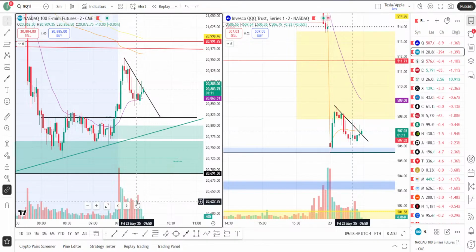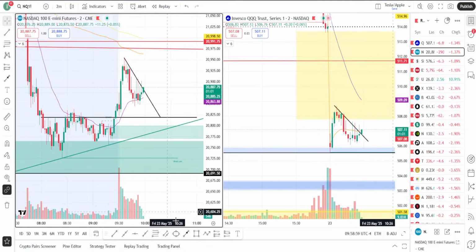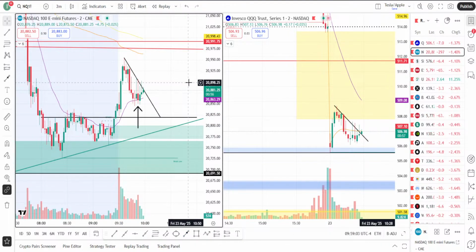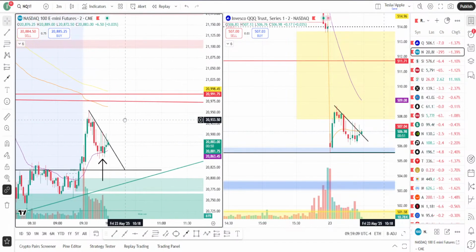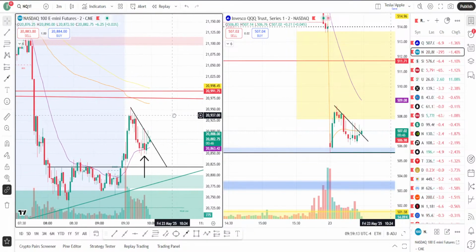But even with this candle right here with high volume, there was no follow through. There was not a second red candle. So this is how you point out the liar.